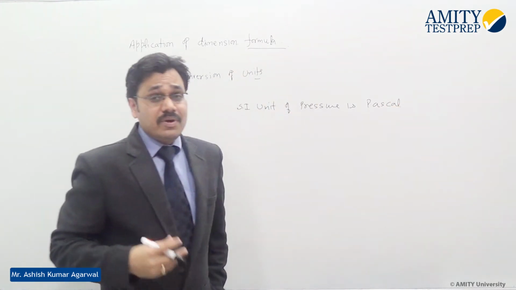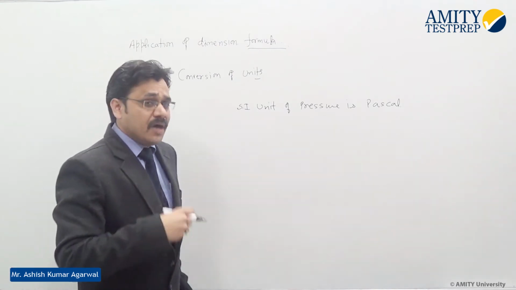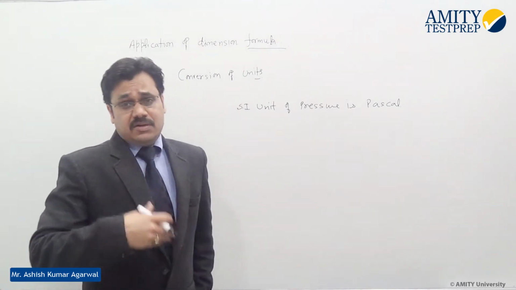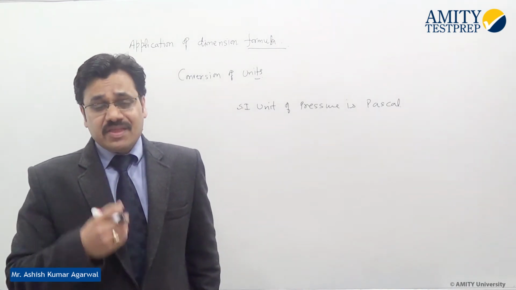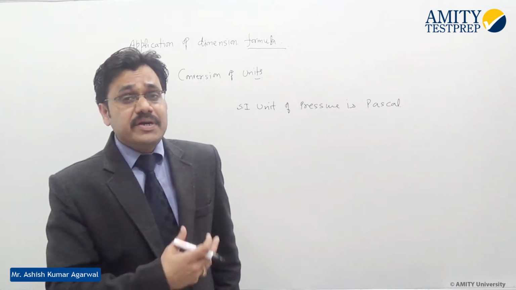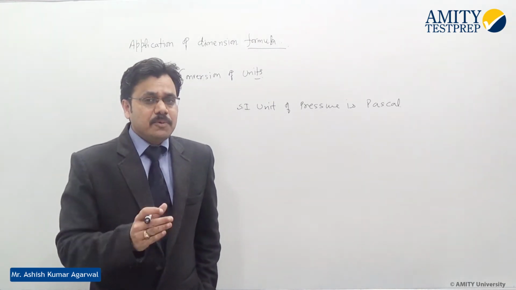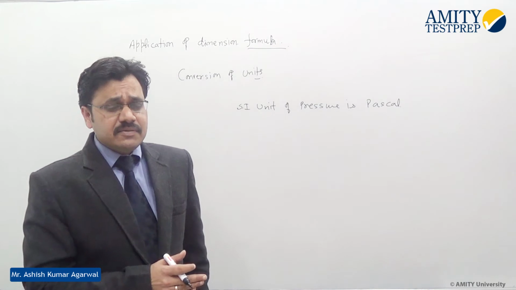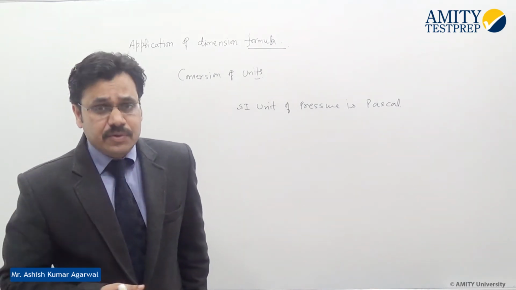As I have told you, the SI system is the meter, kilogram, second system. Now if I take another unit system like the CGS system, what is the unit of pressure in that system? Suppose in the CGS system the unit of pressure is 1 CGS unit.